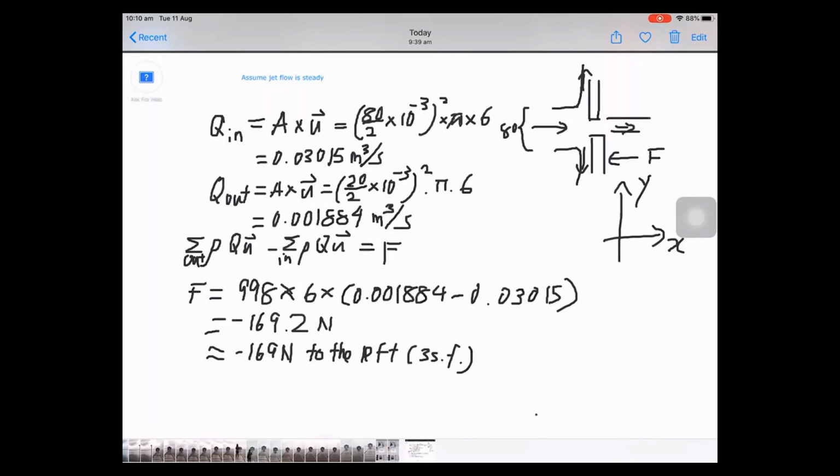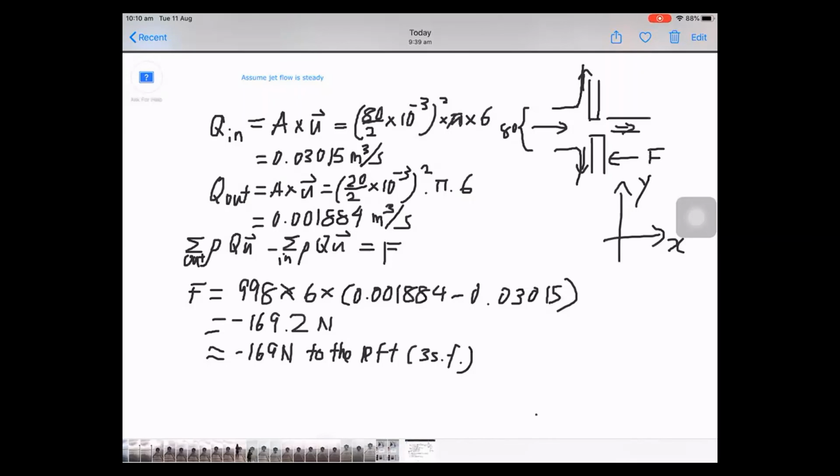And that's how you get 169 newtons in the left direction. Because it's negative and I took the right direction as positive. Sorry guys for the confusion, I forgot to remove the minus sign at the last line.